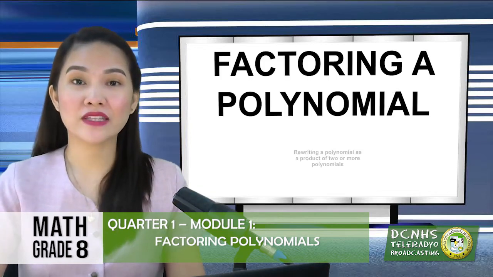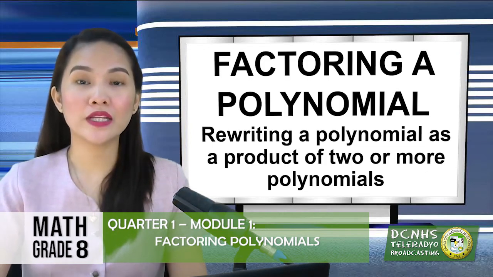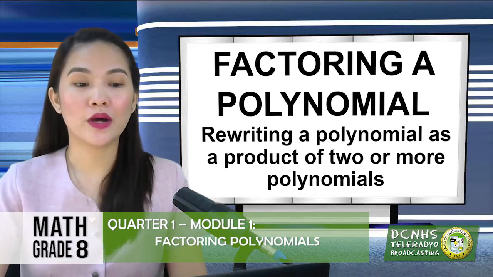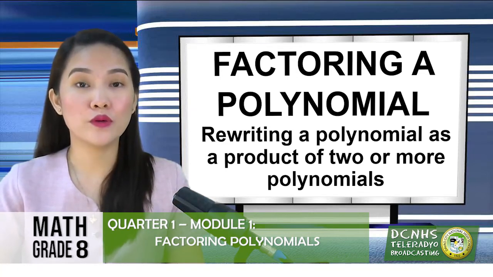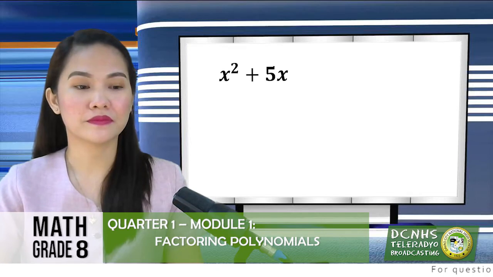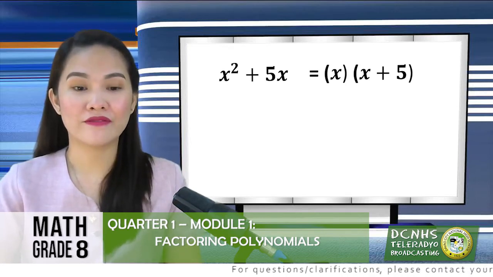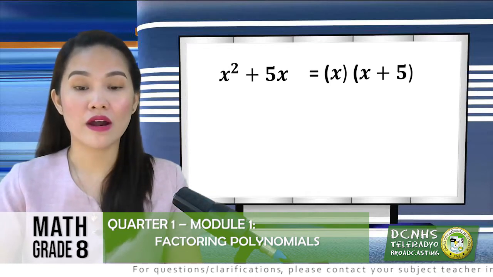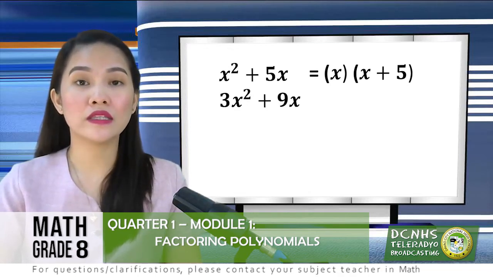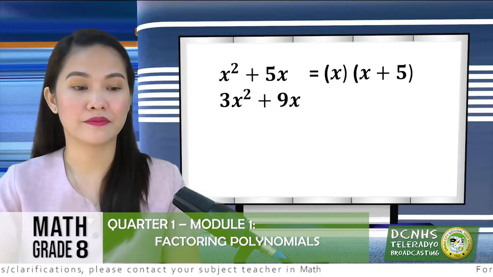What then is factoring? Factoring a polynomial is rewriting a polynomial as a product of 2 or more polynomials. For example, for x squared plus 5x, the factors are x times the quantity x plus 5.